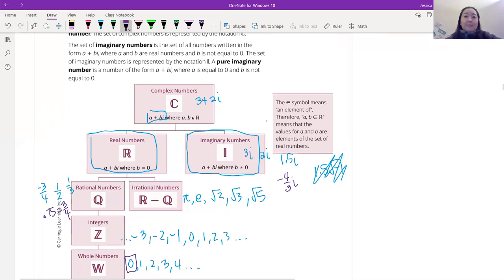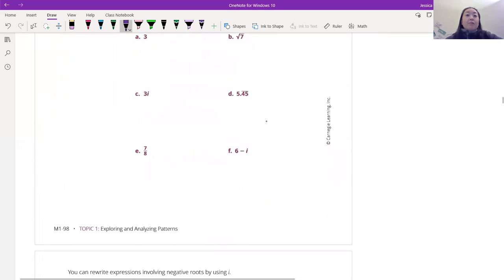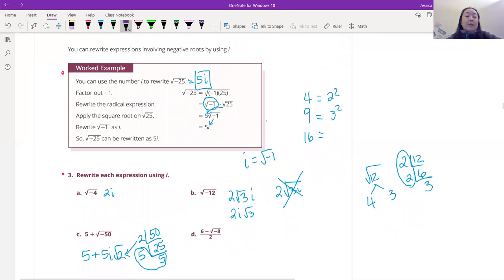All right, so there we go. Moving on. If you notice right here, we're just going to rewrite them. The long version is what's actually happening, and this is why it works. The square root of -25, if you split it up, you can separate it out into -1 times 25, because what is -1 times 25? -25.